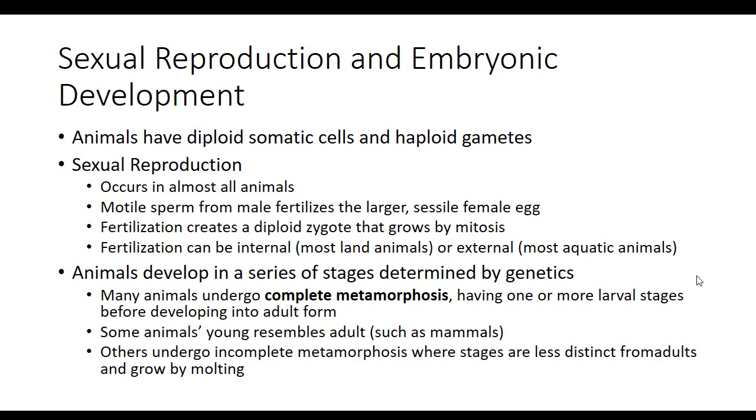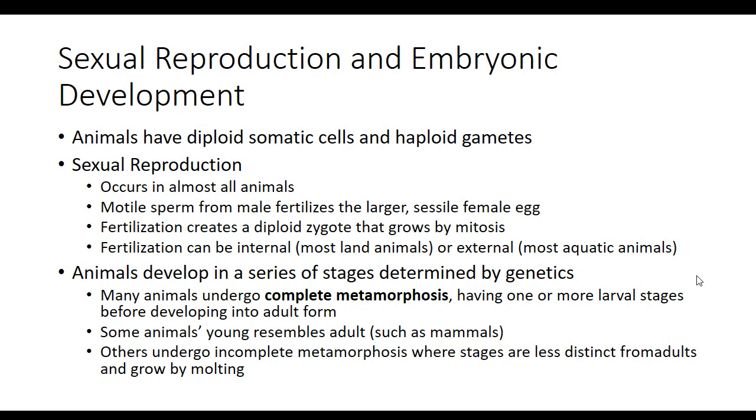Some metamorphosis is called incomplete metamorphosis, like in some insects, in which the young immature individuals are different from the adults, but not a lot different. Complete metamorphosis would be like a caterpillar and a butterfly.